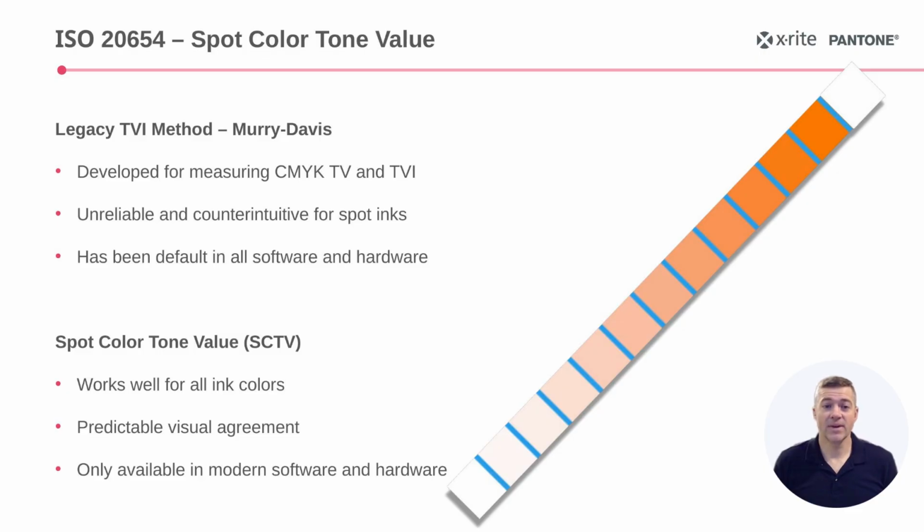A key advantage of SCTV is its ability to produce a linear tone reproduction curve. A 50% tint both looks and measures like a 50% tone value. This one-to-one relationship simplifies quality control, making it easier to predict, evaluate, and manage tonal transitions throughout the production process.